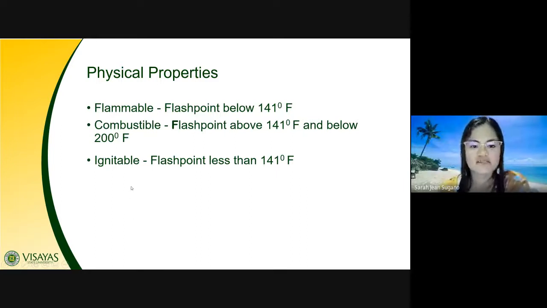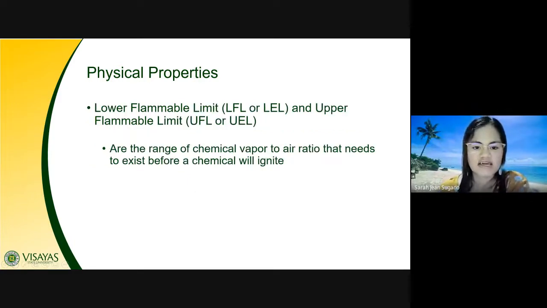So it is ignitable if the flash point is less than 141 degrees Fahrenheit. And you also have the lower flammable limit and the upper flammable limit. So these are the range of chemical vapor to air ratio that needs to exist before a chemical will ignite.